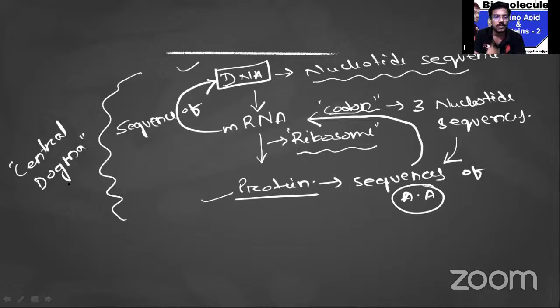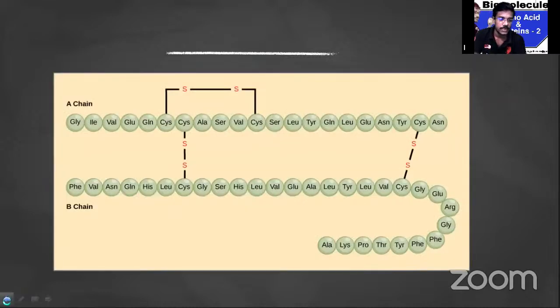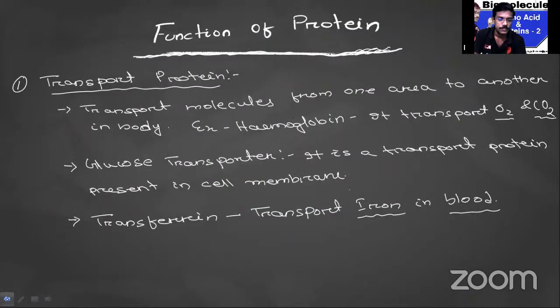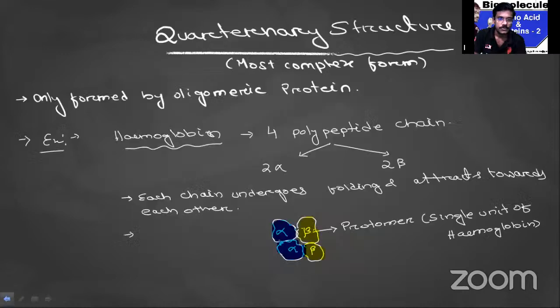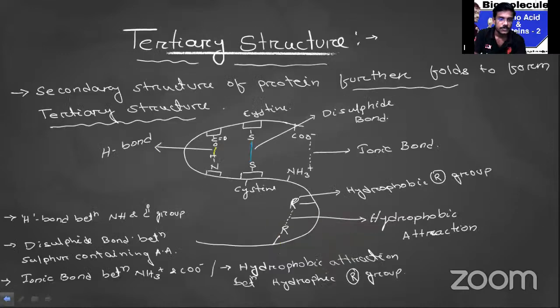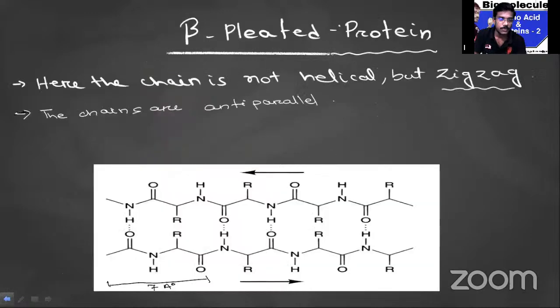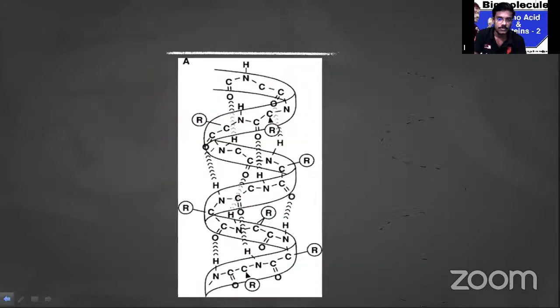After completion of the central dogma process, there will be formation of the protein. Let's come to that slide and confirm. In the last class, we discussed the primary structure of the protein.